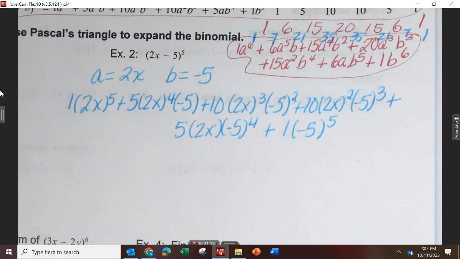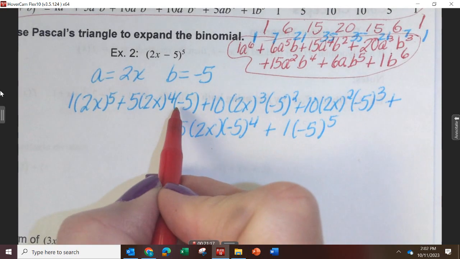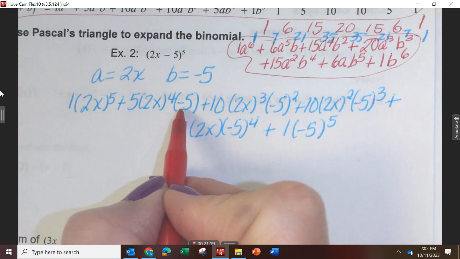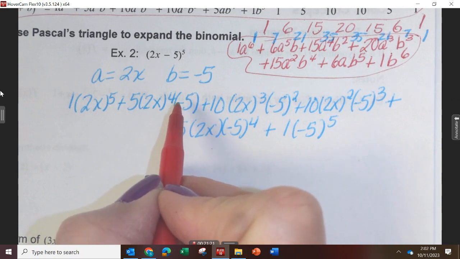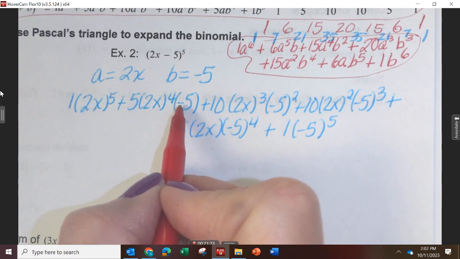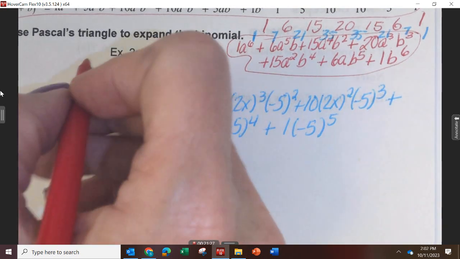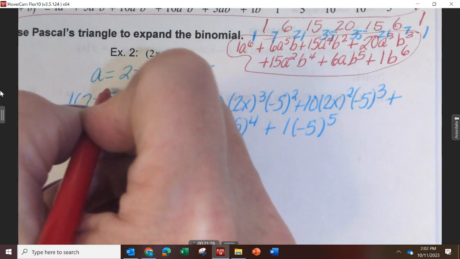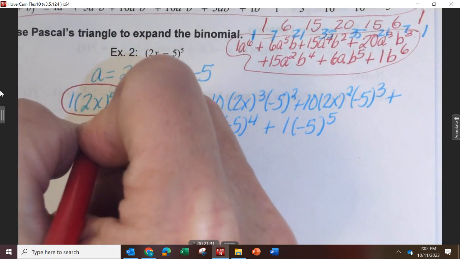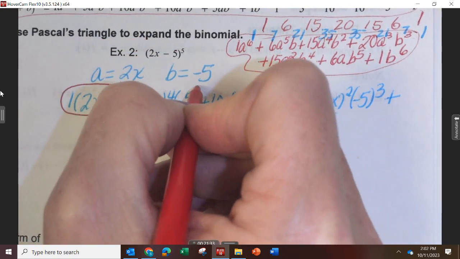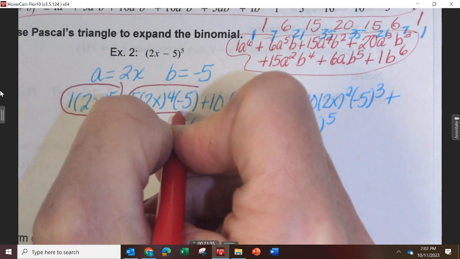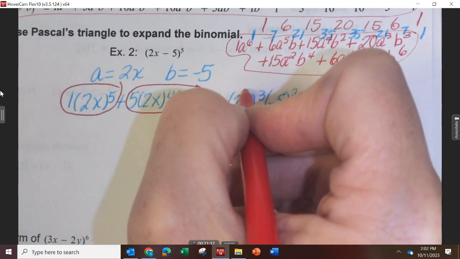Before you go too much further, I want to show you the common mistake. When we have that negative on the B, I think that confuses people, and what do they think of that as instead of multiplication? Subtraction. So here's what I recommend if you have that problem. Circle your terms. All of that goes together. All of this goes together.